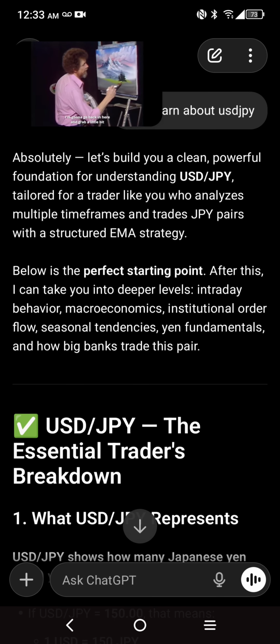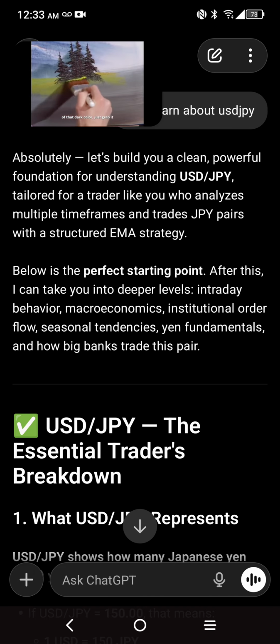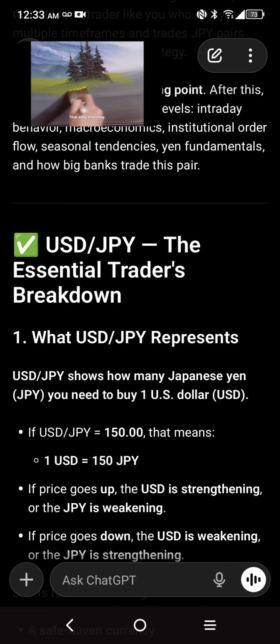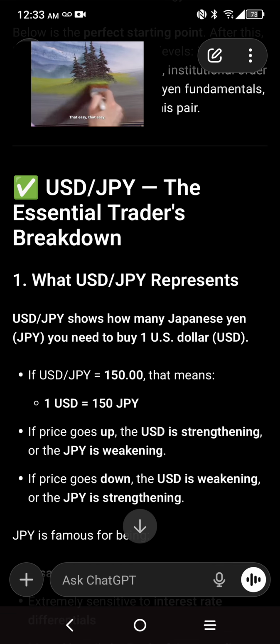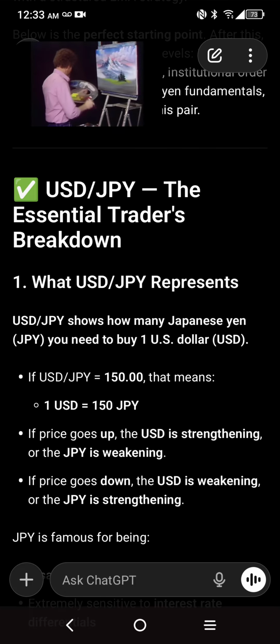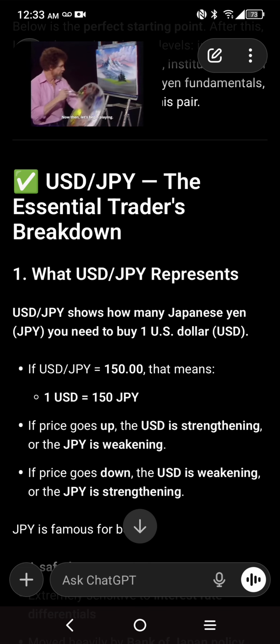Of course, you see at the top I say, let's learn about US dollar JPY. I wanted to do this that way there is no mistaking about what this is. This is just going to be an overview.